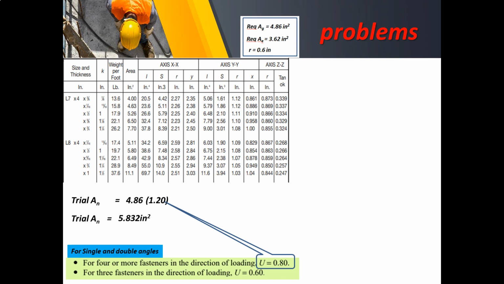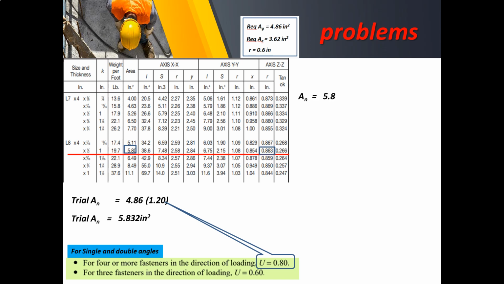And that will be equal to 5.832 square inches. So the nearest to 5.832 is also L8 by 4 by 1/2, having an area of 5.8 square inches and a radius of gyration far greater than 0.6 minimum.